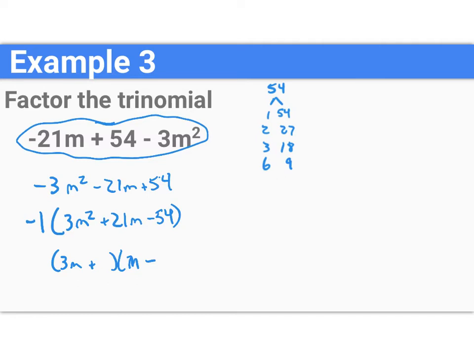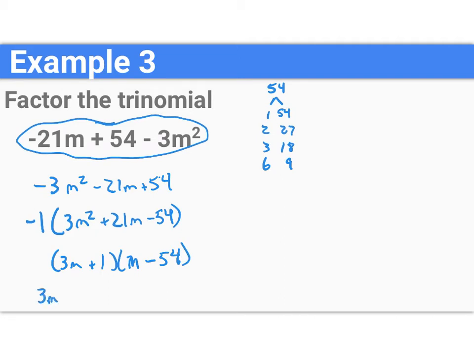So we're going to have to go through and do all of these to see which ones give us 21 in the middle. So let's try. All right, so let's try 1 and 54 to see what happens. And I will be erasing on this slide.